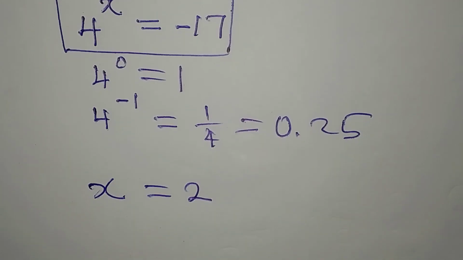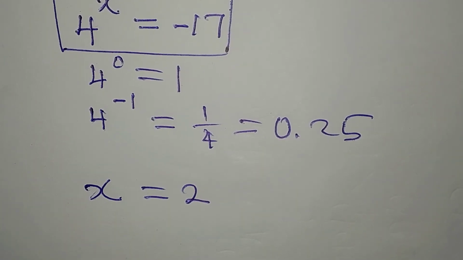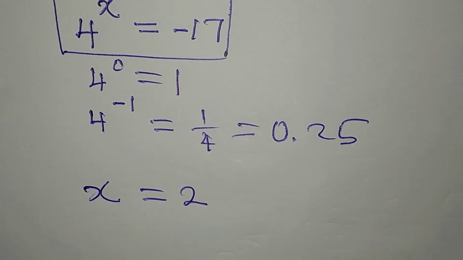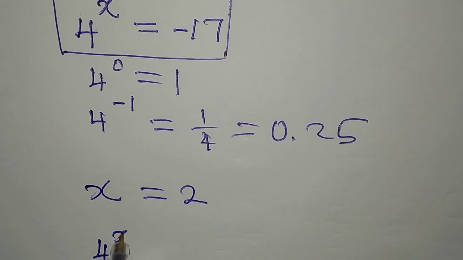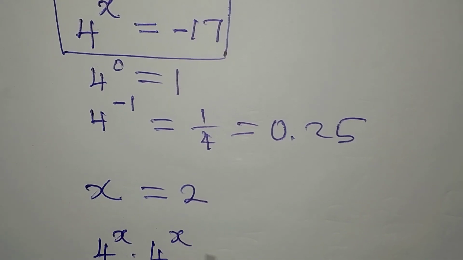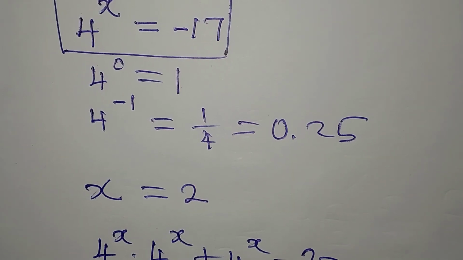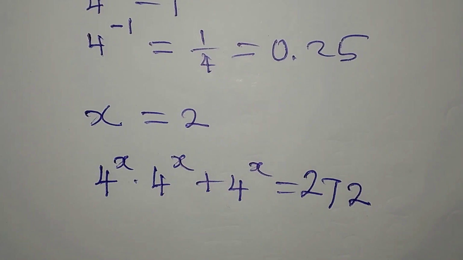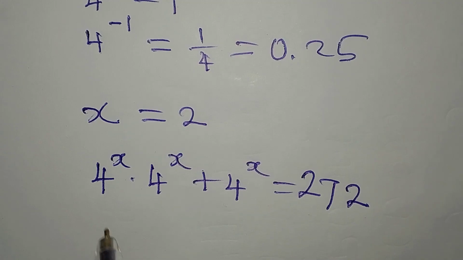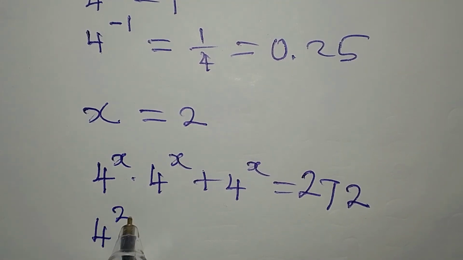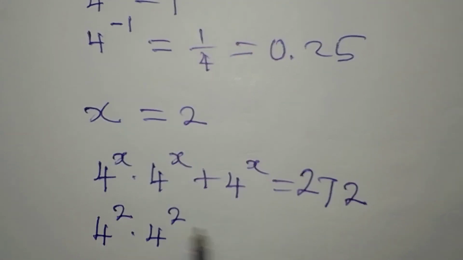And like we always do, let's verify. The equation is 4 to the power of x multiplied by 4 to the power of x plus 4 to the power of x equals 272. Okay, so this is what we have. And now we have 4 squared multiplied by 4 squared plus 4 squared.